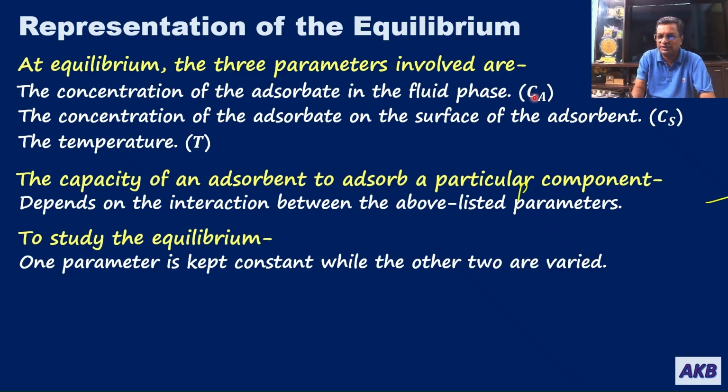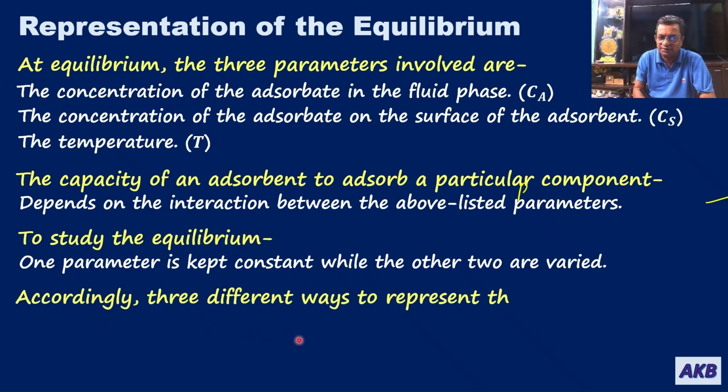That is, out of these three, Ca, Cs and T, one parameter can be kept constant, and then the other two can be varied, and you can study how equilibrium is reached by varying those two parameters. So in this way, there are three different ways to represent equilibrium.